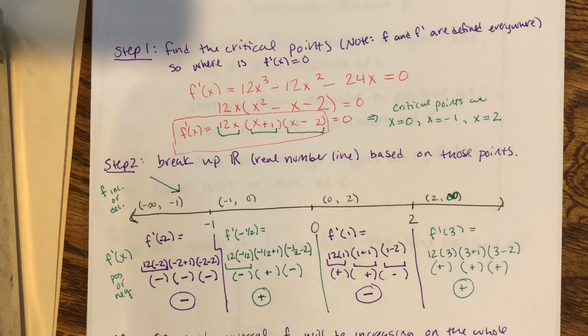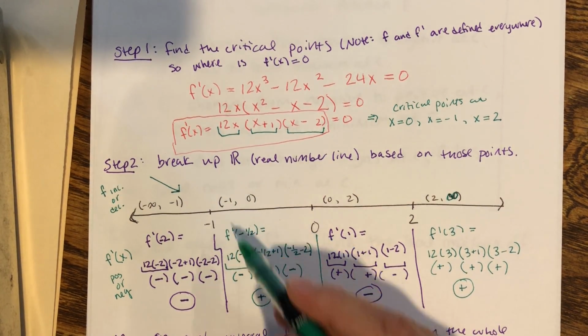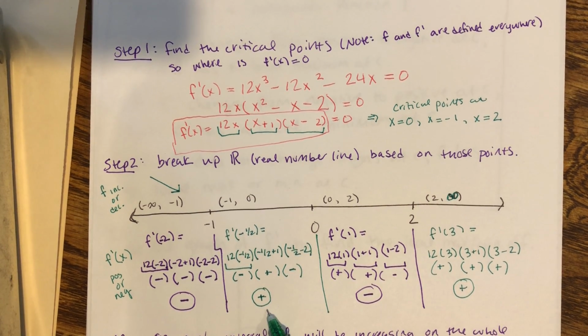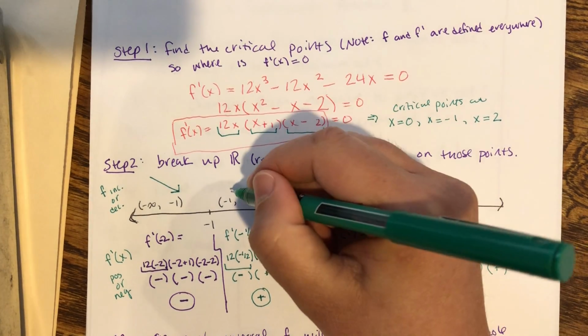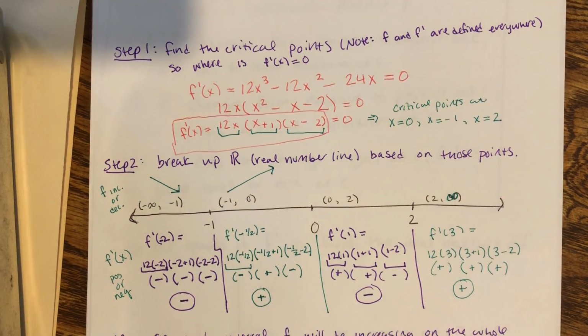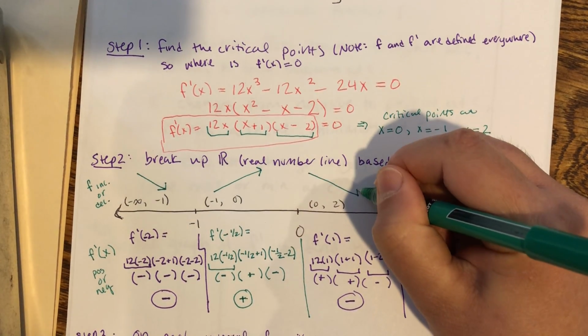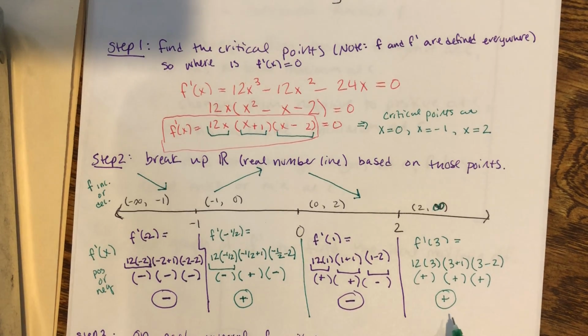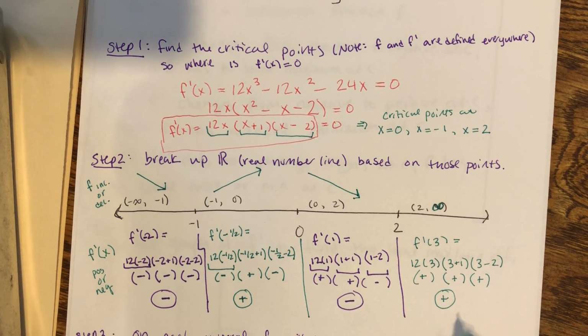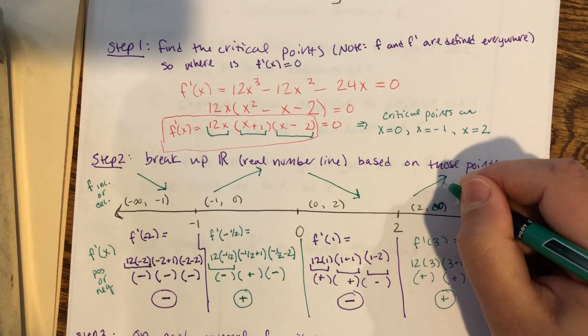Negative is down and the function's decreasing. On the second interval, your derivative function's positive. Positive means up, so your original function is increasing. On the third interval, the derivative function is negative, it's down, so your original function is decreasing. And on the last interval, the derivative is positive, so your original function is increasing.